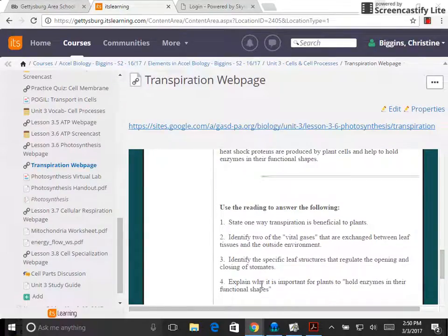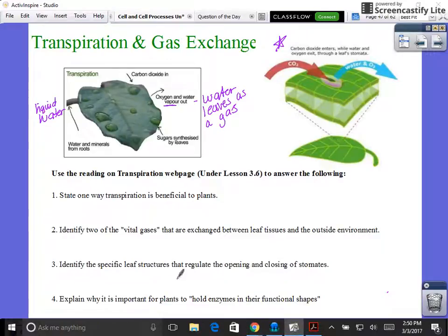Here are the questions restated that are in your packet. After reading that, you should be able to answer these questions. I do want to point out that when we're talking about water coming up from the roots, we're talking about liquid water. But when water leaves plants, it leaves as a gas. That's going to be it for photosynthesis. Next, we'll be learning about cellular respiration.